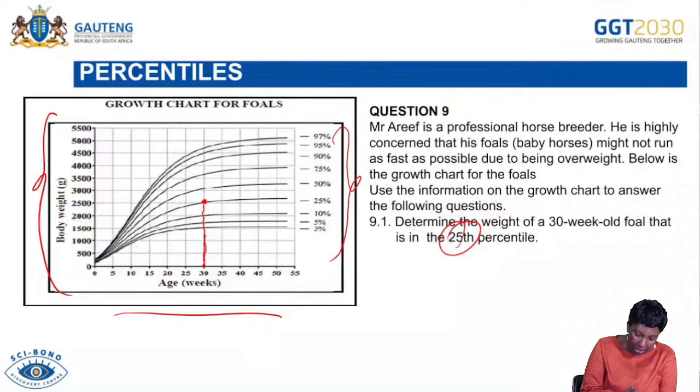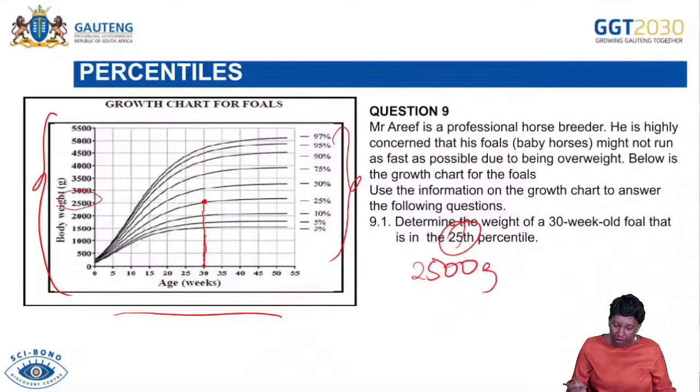So the weight in grams will be 2,500 grams. And then if I am to convert it to kilograms, I know that when I convert from kilograms to grams, I multiply by 1,000, but from grams to kilograms, I divide by 1,000.